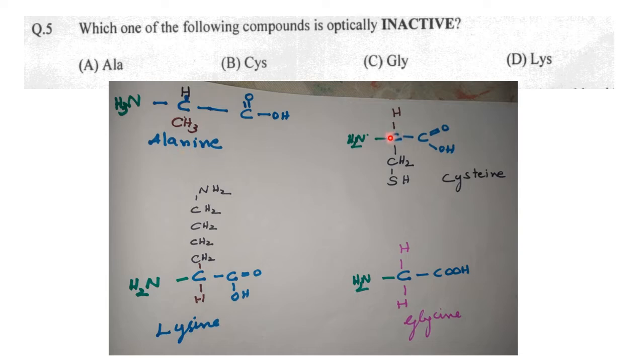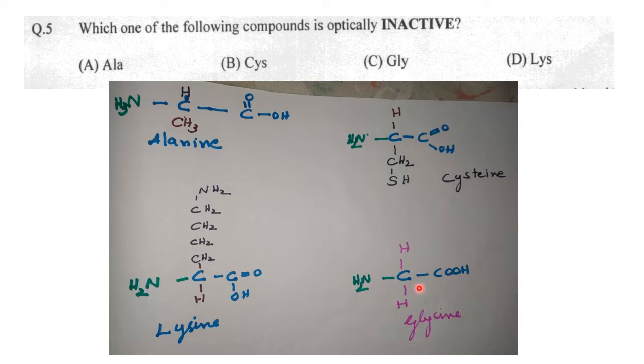The next one is cysteine. Cysteine also has 4 different groups attached to the alpha carbon atom: NH2, COOH, H and CH2SH. Then comes lysine. Lysine also has 4 different groups attached to its alpha carbon atom.